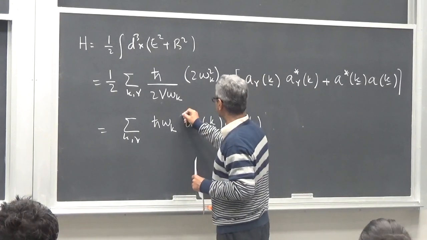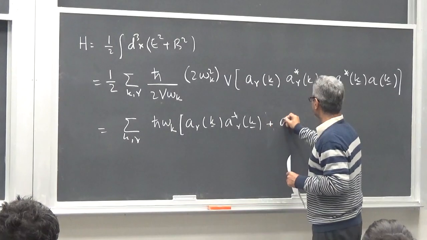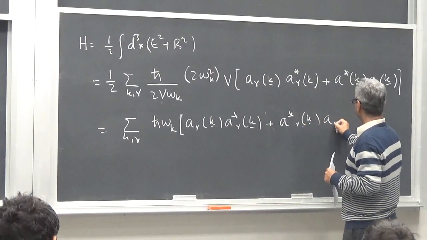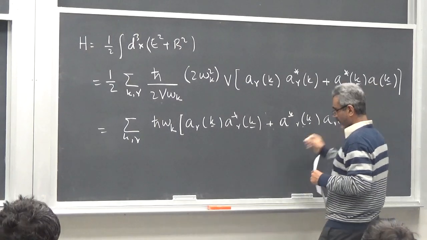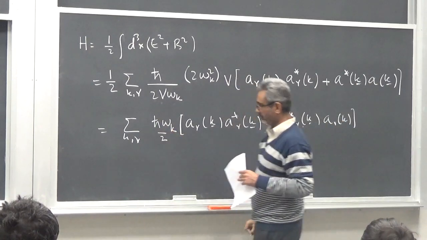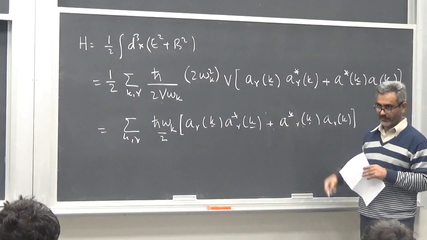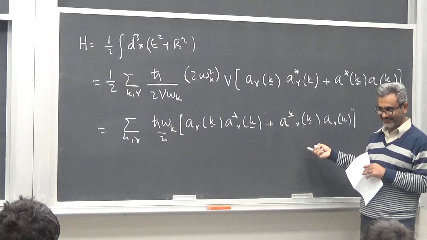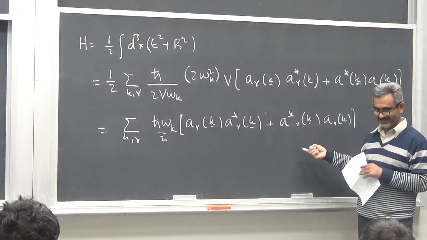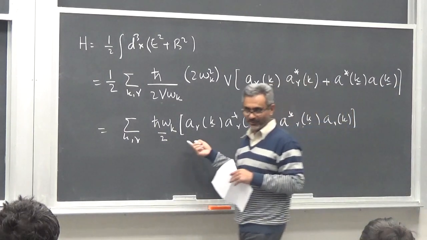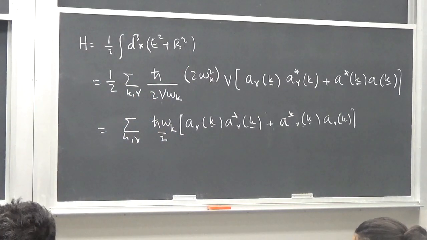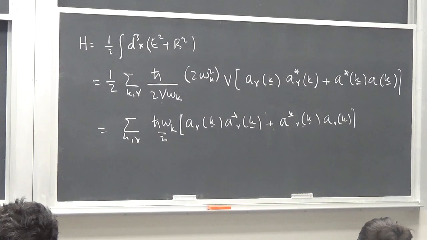Let's do one more thing. Let's write it first like this, and then like this. Why do you want to do that? Because you want to convert it into the form that... So what does this remind you of? Harmonic oscillator, right? That's why we did the harmonic oscillator to begin with.